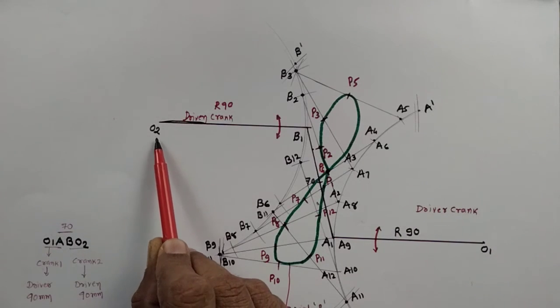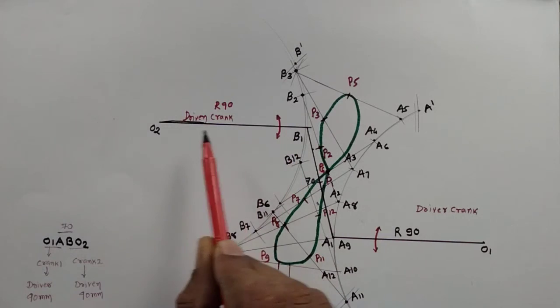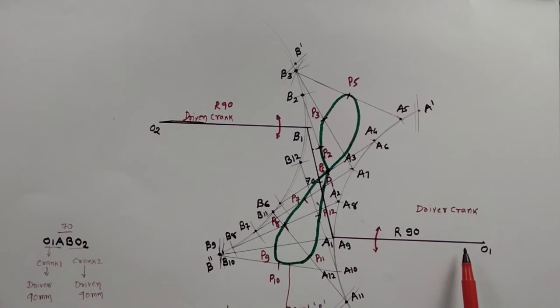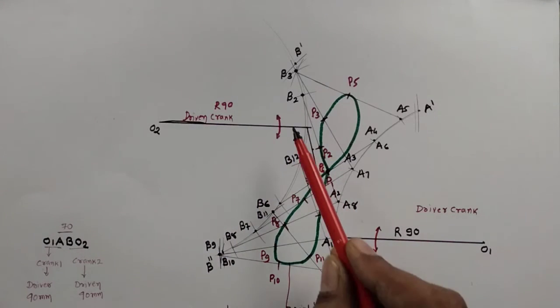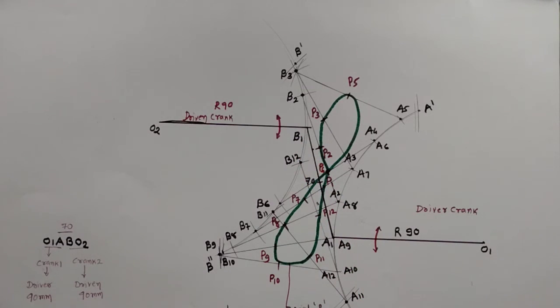When both the cranks, driver and driven crank dimensions are the same and the length of the connecting rod is less than the radius of both the cranks, in that case, our 4-bar chain mechanism is always oscillating, and you can apply this knowledge of this mechanism in automobile industries.